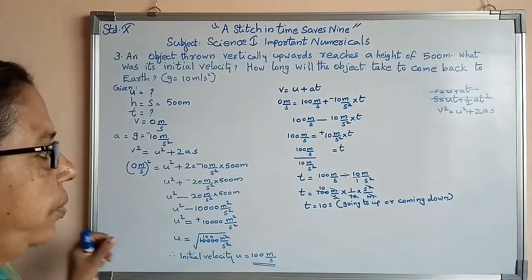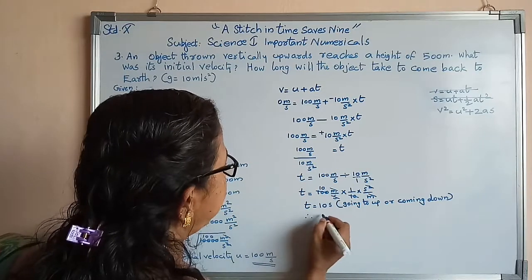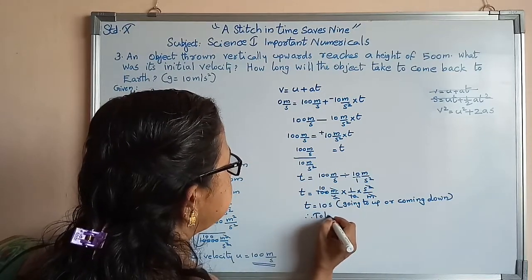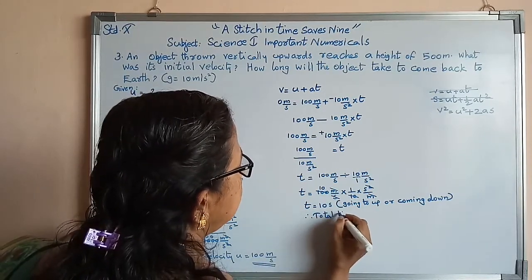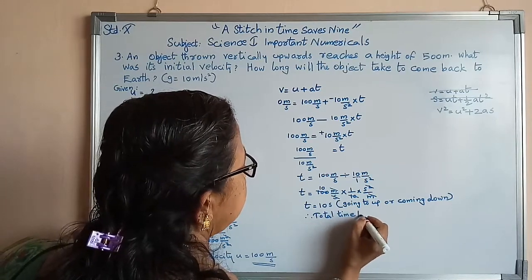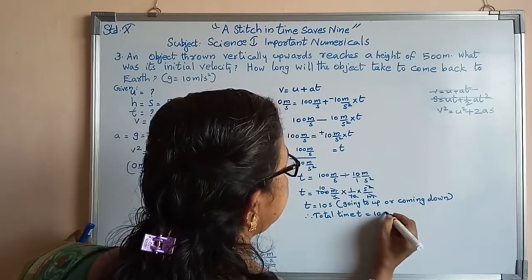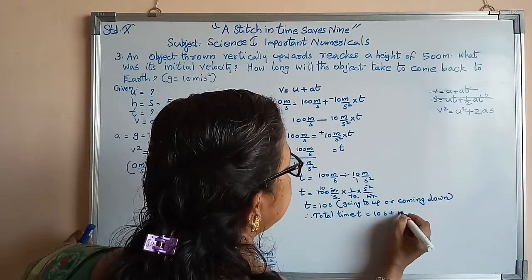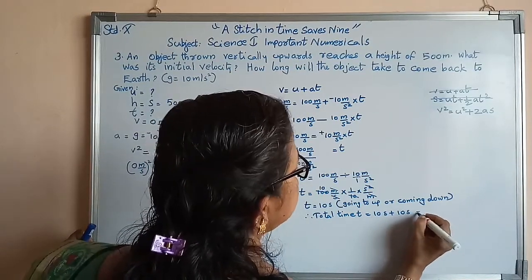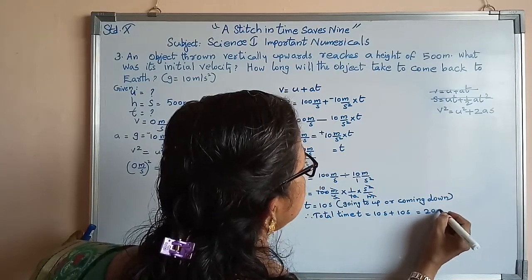Now we need to find out total time. Therefore, total time t is equal to 10 second plus 10 second, that is equal to 20 second.